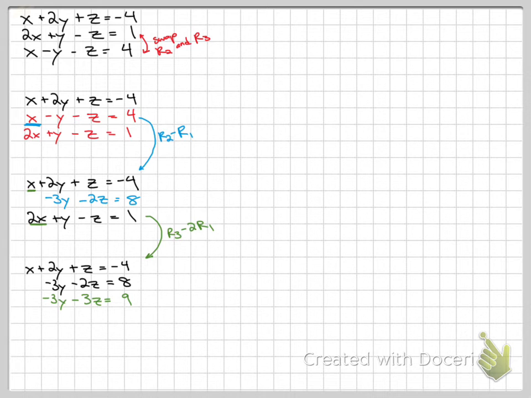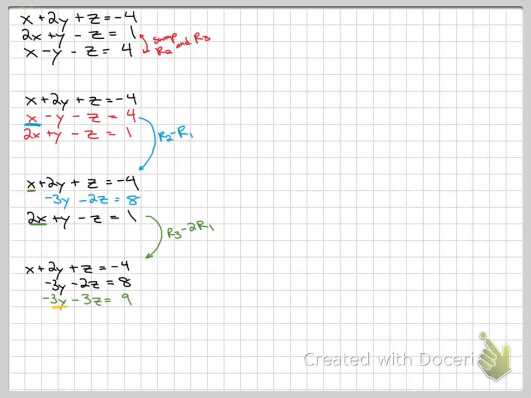Okay, so 2 minus 2x gives me 0x's. Y minus 4y gives me negative 3y. Negative z minus 2z gives me negative 3z. 1 minus negative 8 gives me 9. Okay, I'm getting closer to the stair-step effect, but now we need row 3 to also not have any y's.